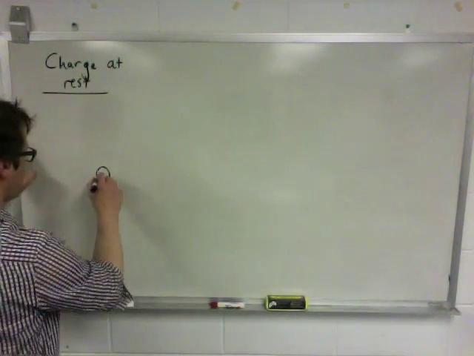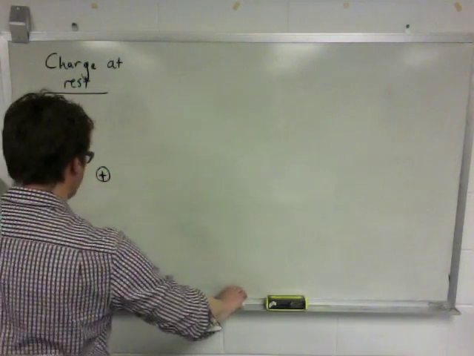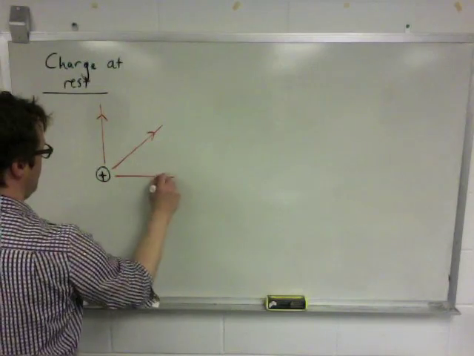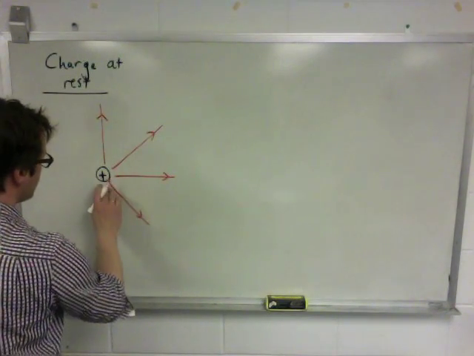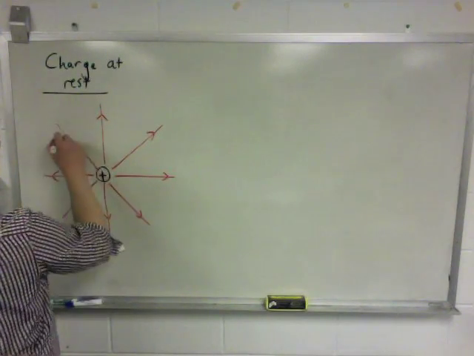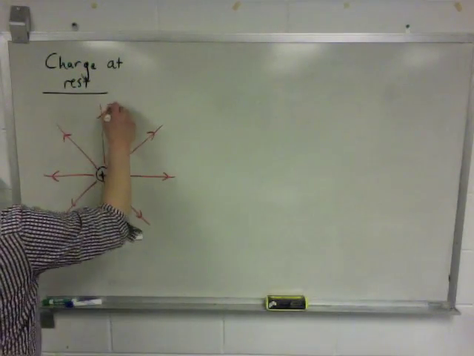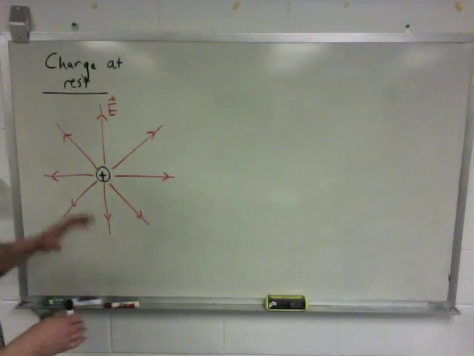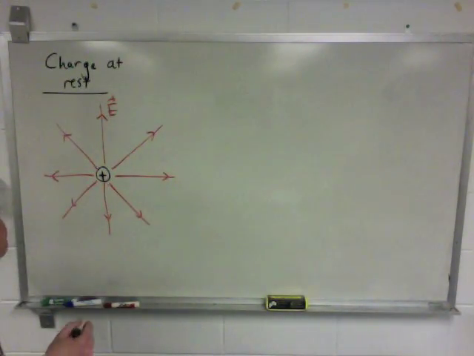Okay, so here's my electric charge. Let's say it's just positive for the sake of argument. You guys know what type of electric field this thing is going to create. It's just going to point radially away in all directions. Okay, so this is what happens if I have just a positive charge just sitting there.